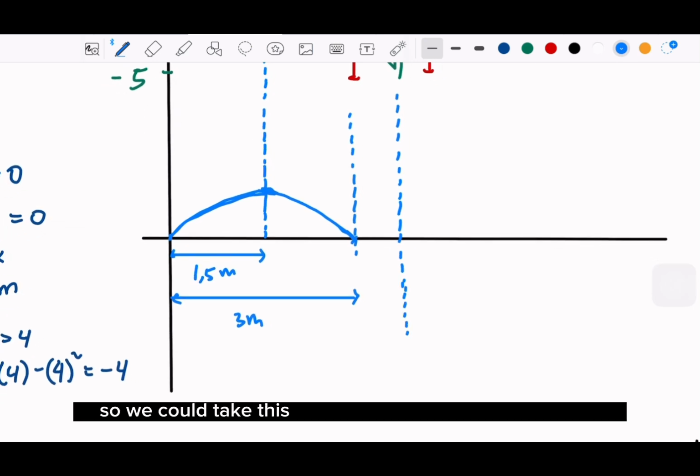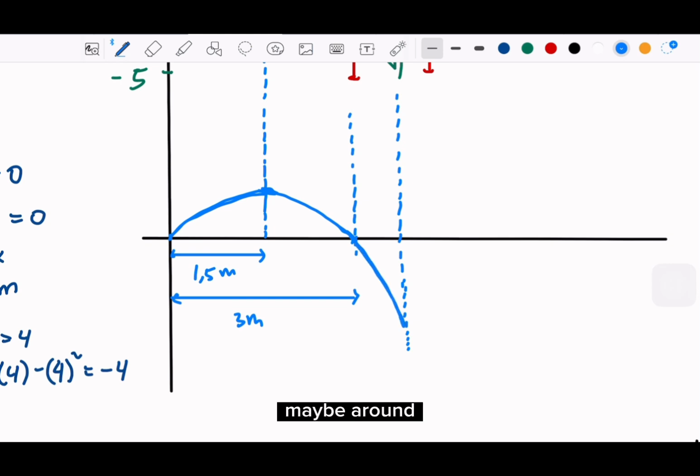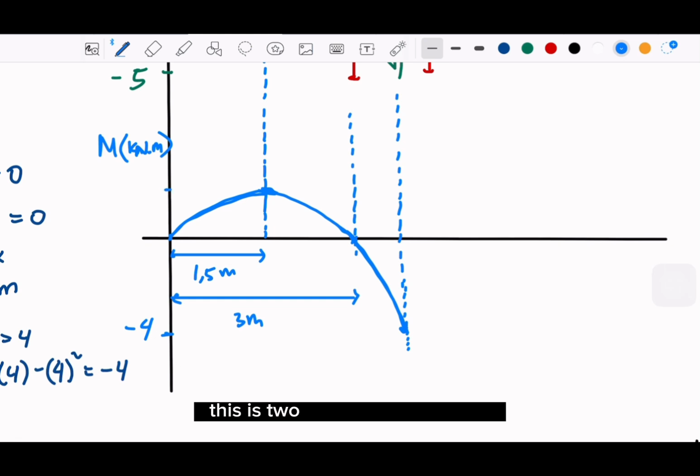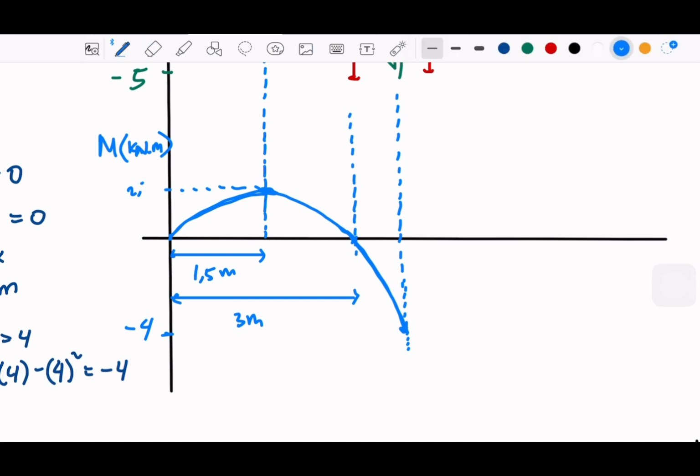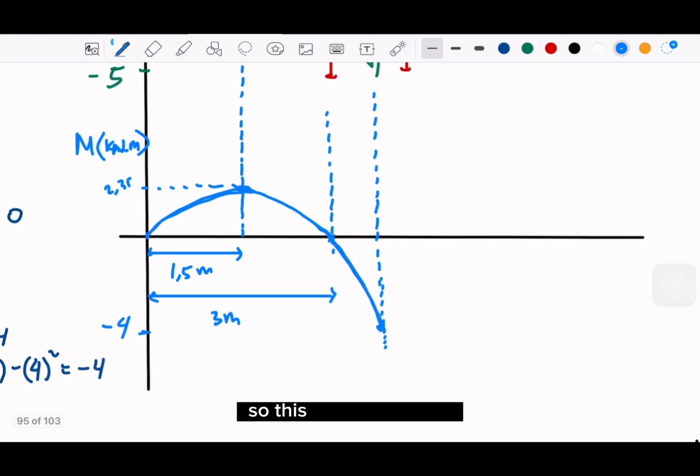So we could take this and probably take it down there, maybe around here this will be -4. Okay, so this is the moment. Moment is in kilonewton meter. This is 2 point something, 2.3. Am I right? 2.3. So this is -4, that point.